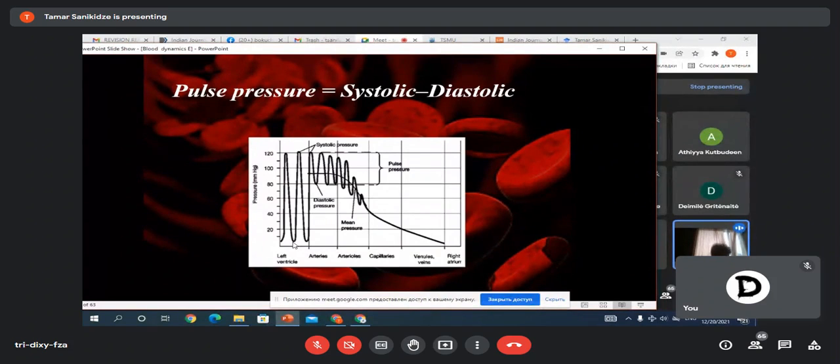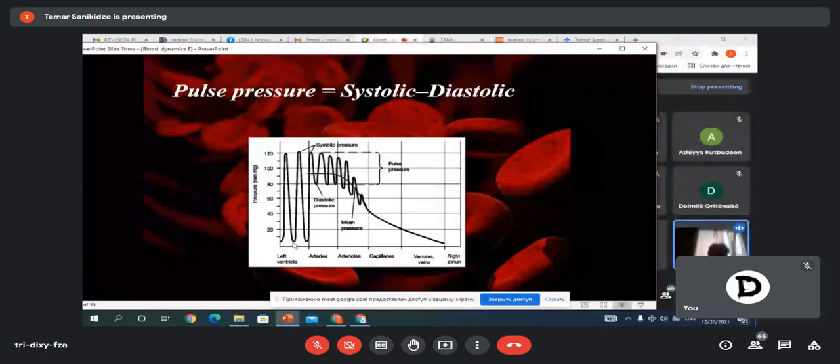For example, your patient has pressure 120 over 100. What is the pulse pressure? 20. What diagnosis will you put? Low pressure? No. It is that the aorta is too resistant.